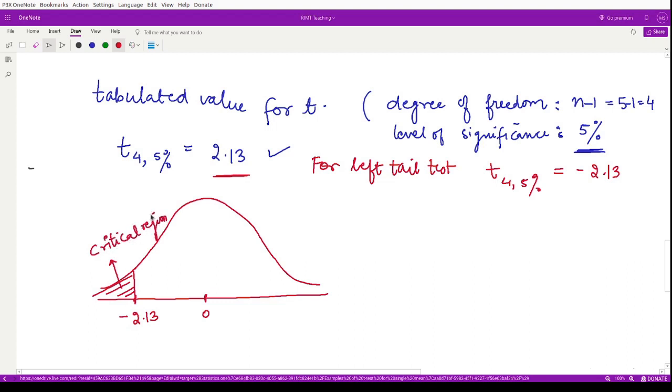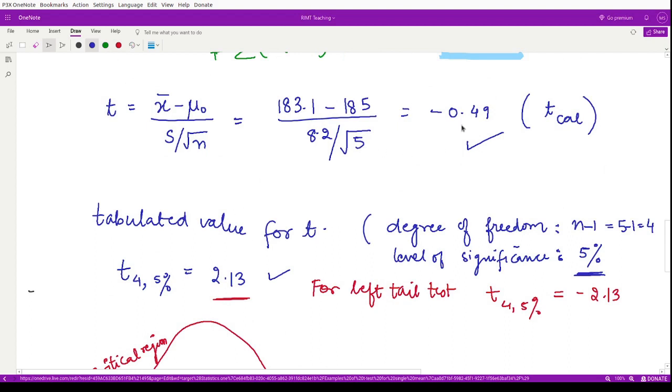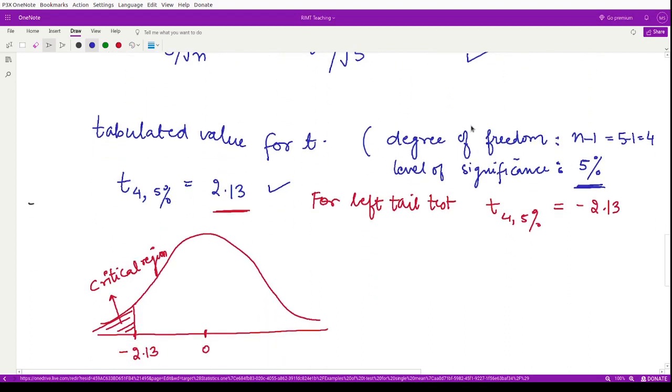If this is the critical region here, now you will compare your values. Your calculated value here is minus 0.49. So minus 0.49 is obviously greater than minus 2.13. Therefore it will lie somewhere here, right? So it will lie in the region of acceptance.